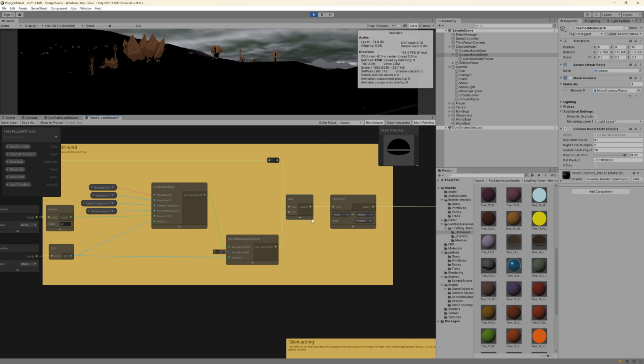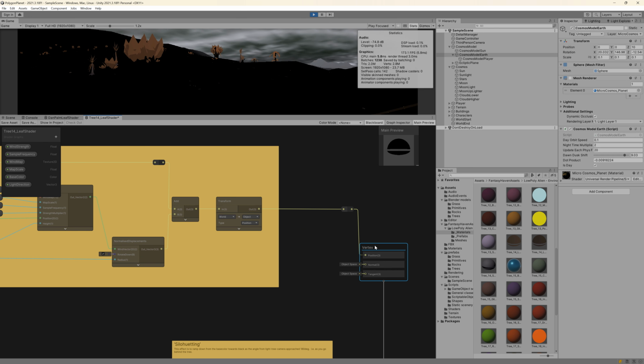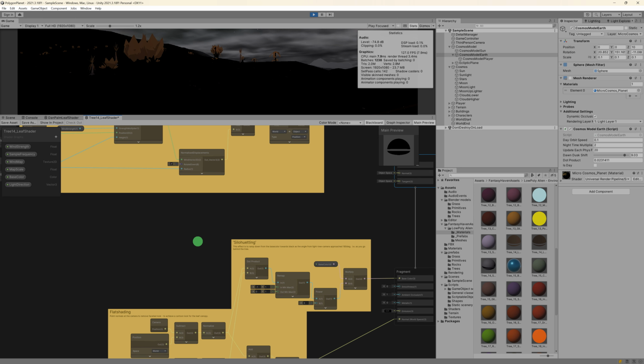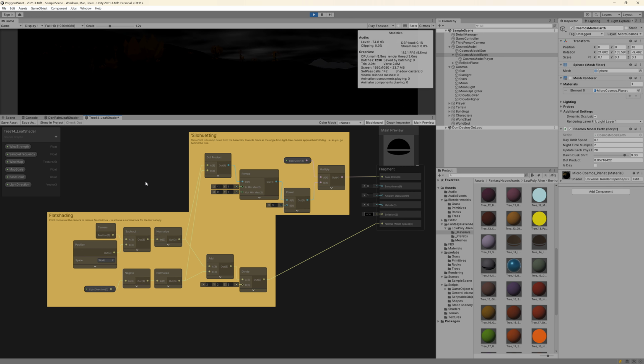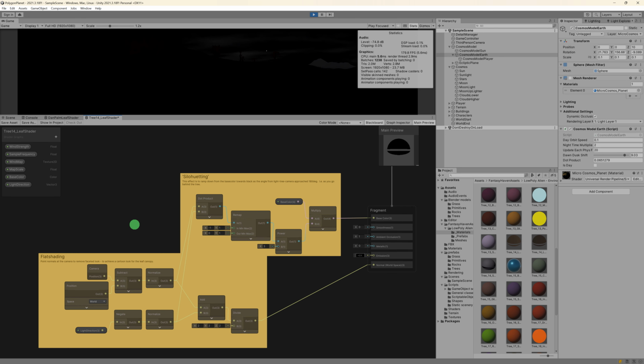Because that was all in world space, and the vertex master node wants it in object space, we transform from world to object to keep it happy, and that's the principle there. The palm shade is similar, but it has the complexity of the, which we can talk about in a minute.